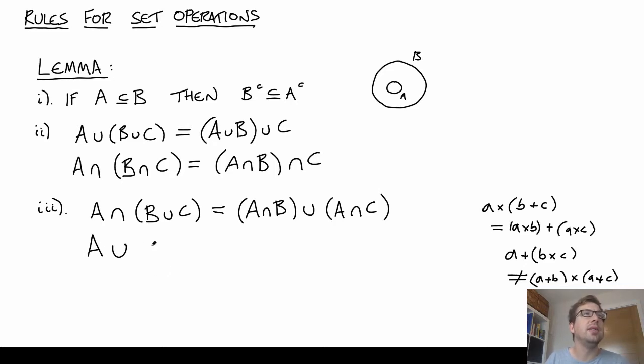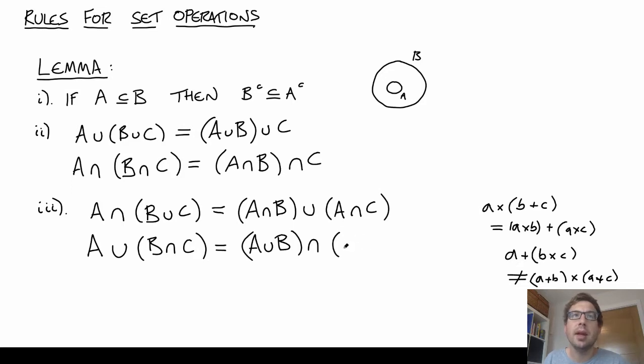If I take A union B intersection C, then that's also equal to A union B intersection A union C. So it works both ways. We expand out in the same way, whether it's union or intersection here. These are also sometimes called De Morgan's laws.